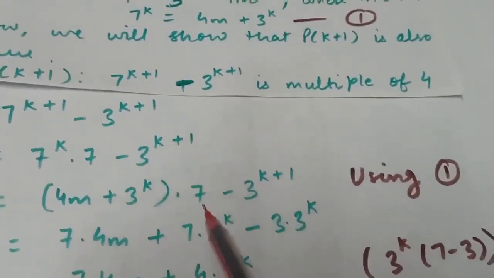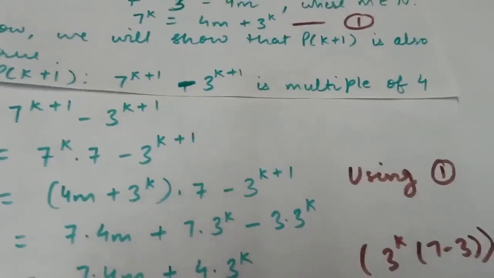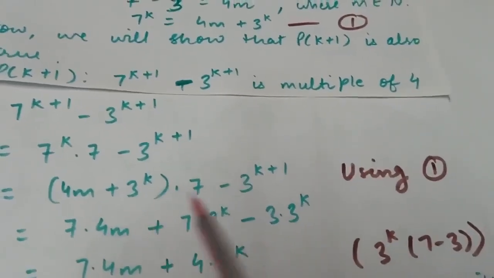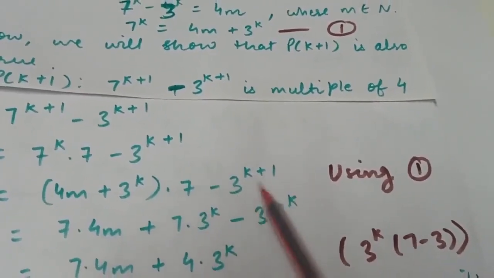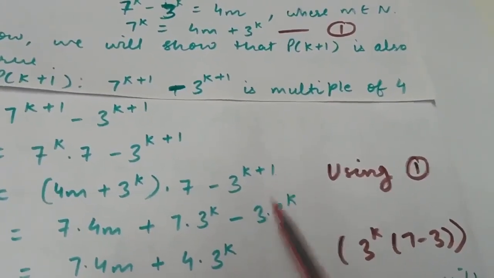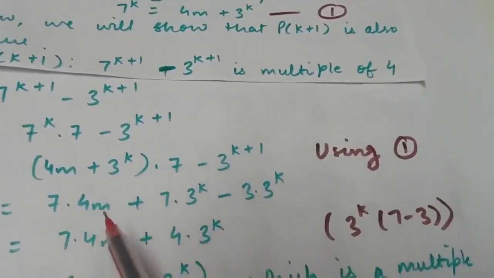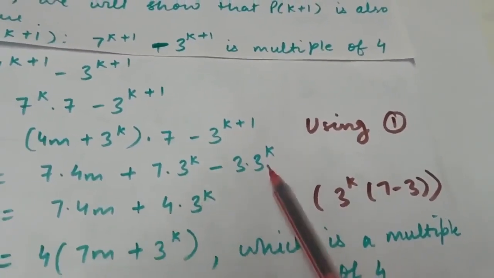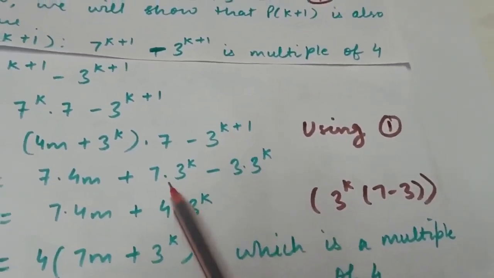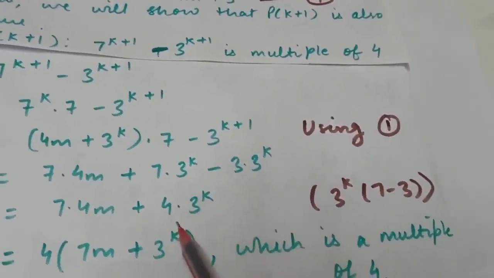Now multiply 7 with both the terms: 7 into 4m plus 7 into 3 raised to the power k, minus, writing this term as 3 raised to the power k into 3, right? Now 7 into 4m as it is, plus if you take 3 raised to the power k common, what will you get? 7 minus 3. So 3 raised to the power k into 4.